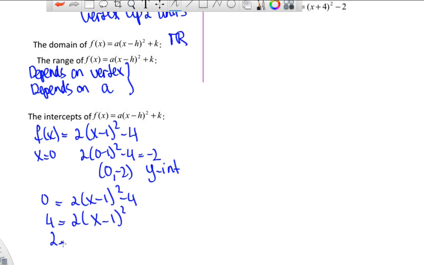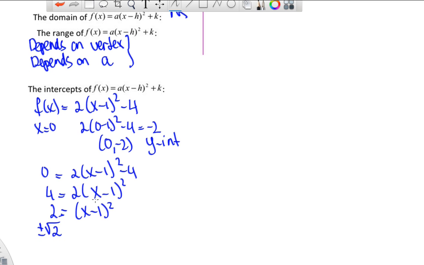Divide by 2. I get 2 equals x minus 1 squared. Take the square root on both sides, and now you see you do have a positive square root here. So this one does have x-intercepts. I need to add 1 on both sides. So the x-intercepts occur at 1 plus or minus the square root of 2. So the square root of 2 is like 1.4. So it's 1 plus 1.4-ish. This is about 2.4. Or 1 minus 1.4, which is negative 0.4.